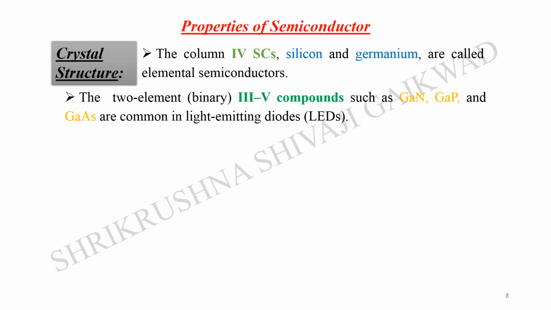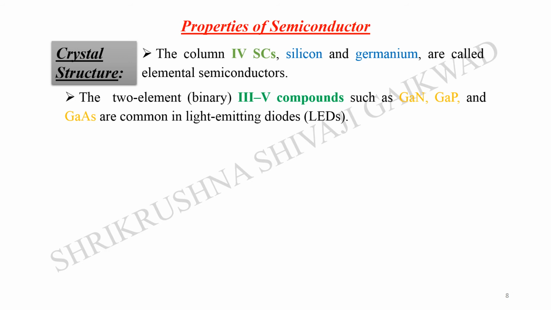If we choose one element from group 3 and another element from group 5 and combine them to form a particular material, such compounds, such as gallium nitride, gallium phosphide, and gallium arsenide, are semiconducting materials, and they are commonly used in LEDs.